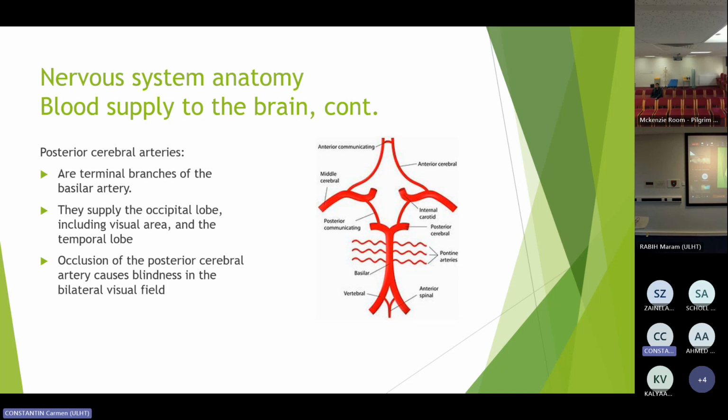We also have certain areas in the brain with mixed supply from the posterior and middle cerebral arteries, for example the thalamus. The posterior circulation supplies the occipital lobe, including the visual area, and the temporal lobe. Occlusion of the posterior cerebral artery causes blindness in the bilateral visual field. This is why I'm saying it's very important to understand the circulation.